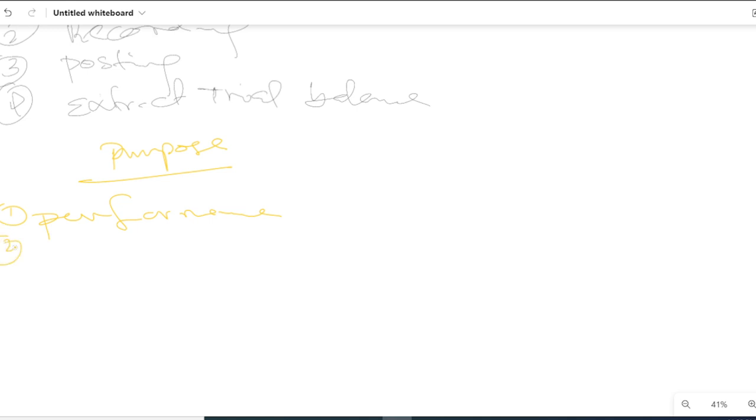And number 2. The report gives revenue and items of expenses. It's only with this that you will know your revenue and expenses at a given date.